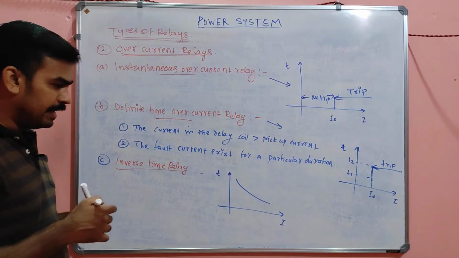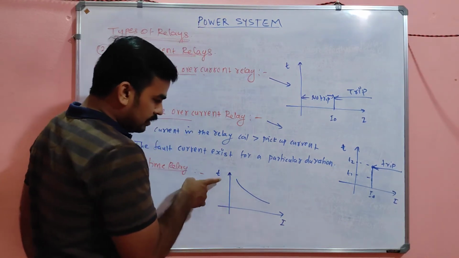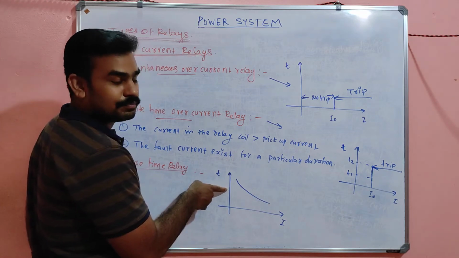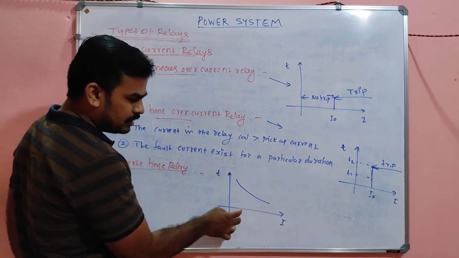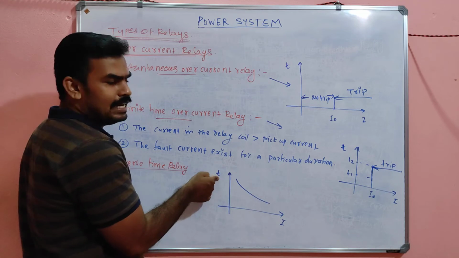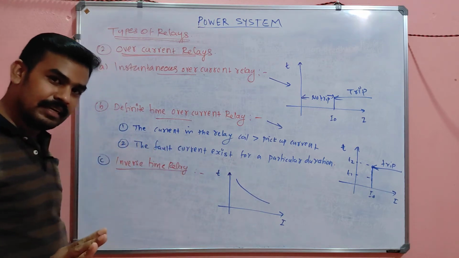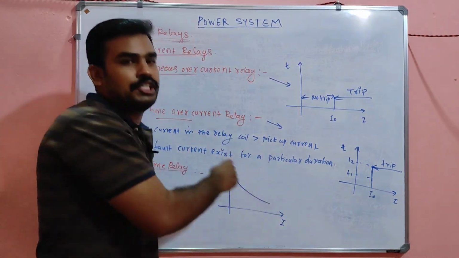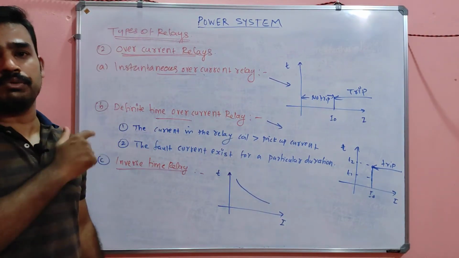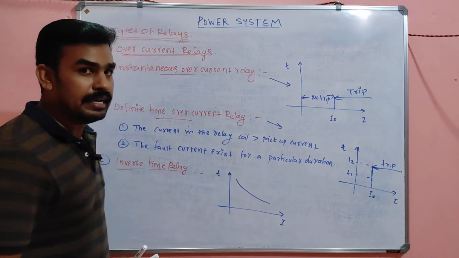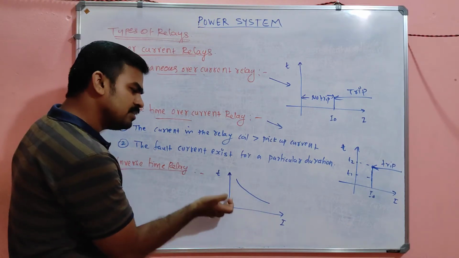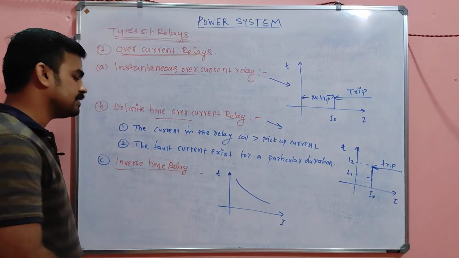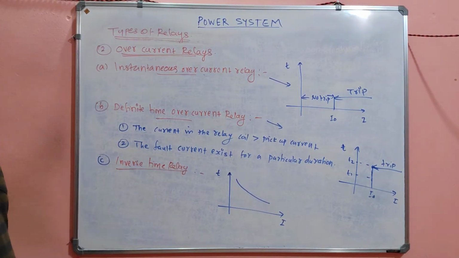That means whenever the fault current is higher, the action should take very little time. Whenever the fault current is low, it can take some time. That means when a heavy fault current is observed, the relay should act quickly. If the current is very low, it can take some time to act, no problem. That type of relay is called an inverse time relay, my dear.